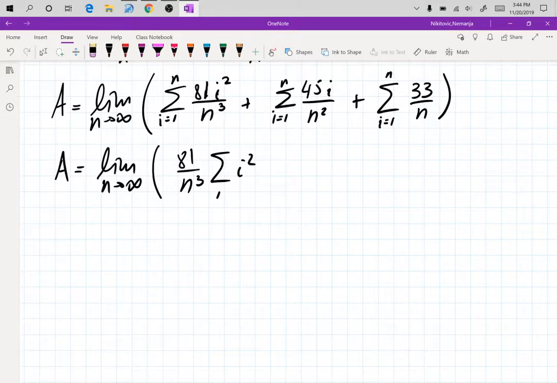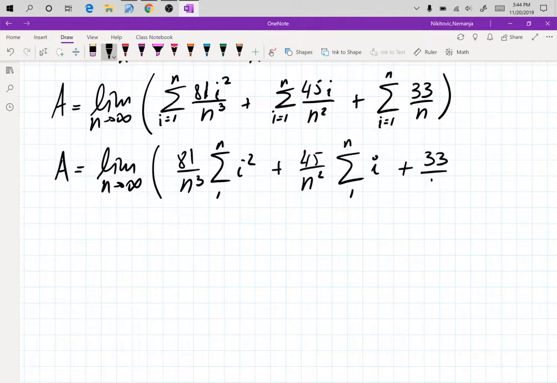Plus 45 over n squared is again not a variable for the sum, but i is. And over here, plus 33 over n, you kick it out of the sum, and only the number 1 stays inside from 1 to n. So the number 1 stays when you kick everything out.